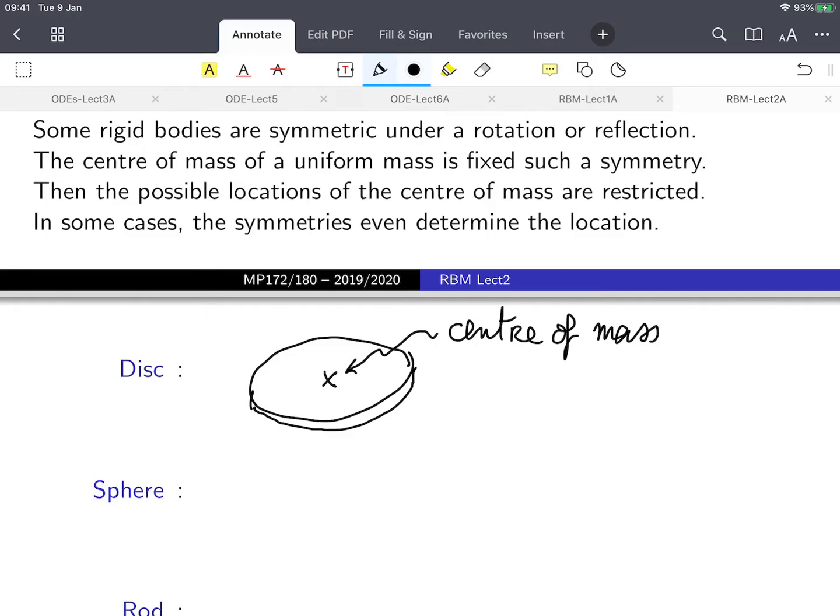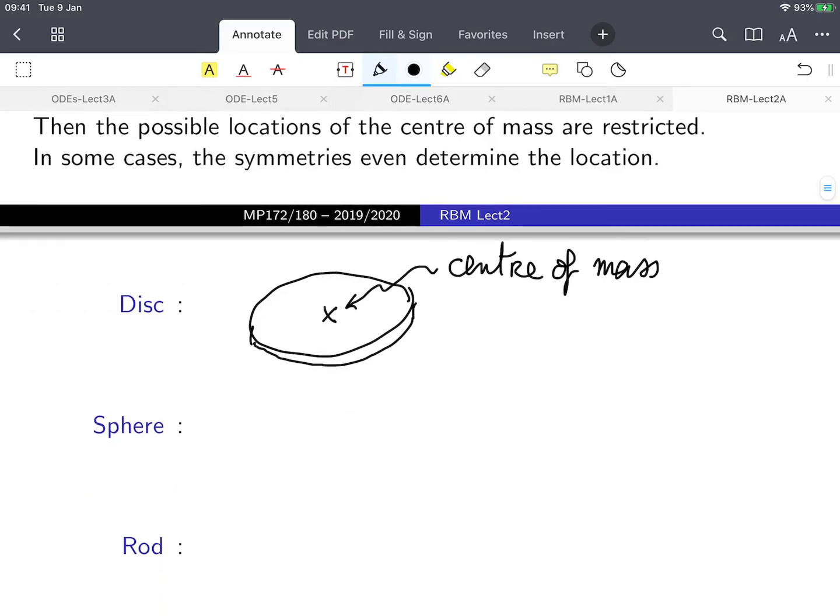Makes sense. Similarly for a sphere, clearly the center of mass is going to be at the center of the sphere.